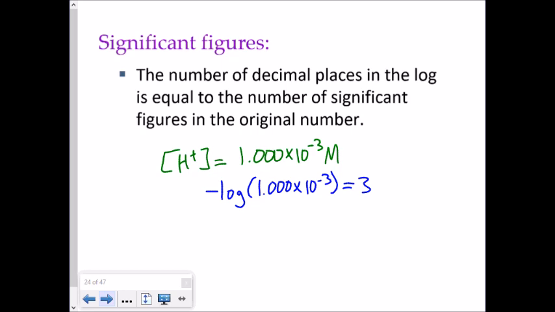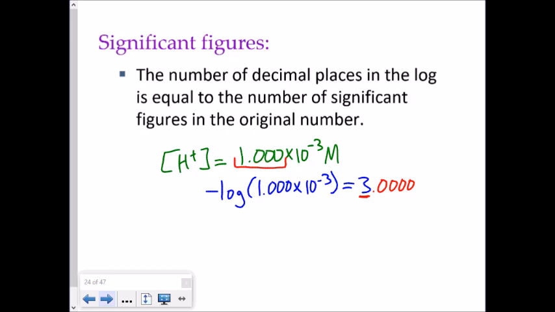So, here, how many significant figures are in that number? 4. So, the 3 does not count in terms of the sig figs. You have to put 4 decimal places after that. So that would be 4 decimal places after, to coincide with the significant figures in the original concentration.